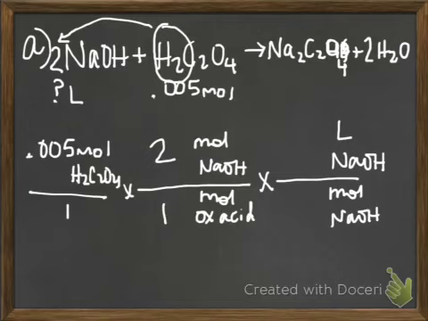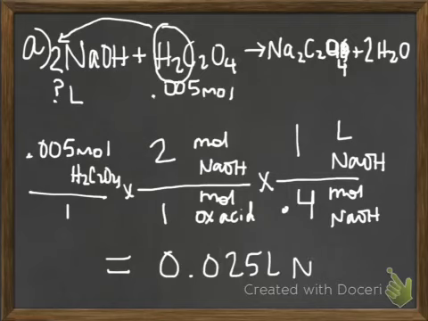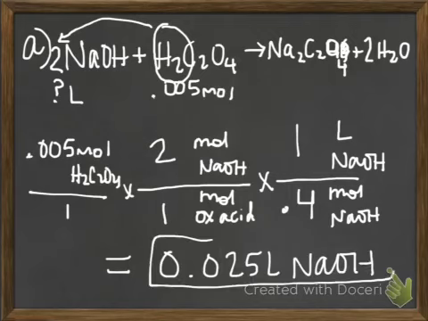The molarity of NaOH is given as 0.4, so that's 0.4 moles for every 1 liter. This is our setup for part A, and the answer that we get is 0.025 liters of NaOH. Again, this is not specific to this equilibrium chapter. Honestly, this is like pre-AP chemistry.